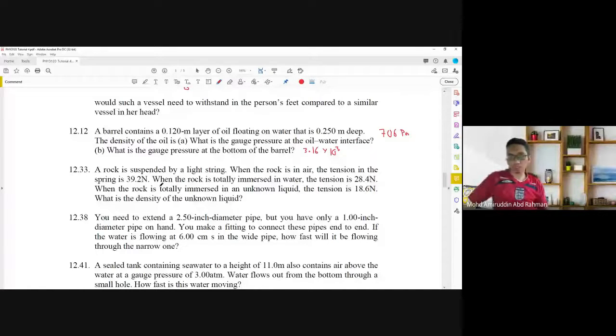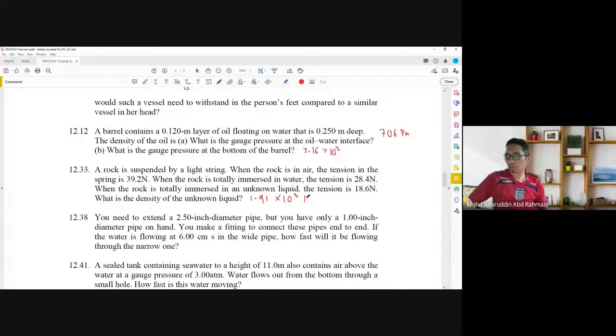What is the density of the unknown liquid? So it is 1.91 times 10 to the 3 kilogram per meter cube. Okay, so that's the answer for that.